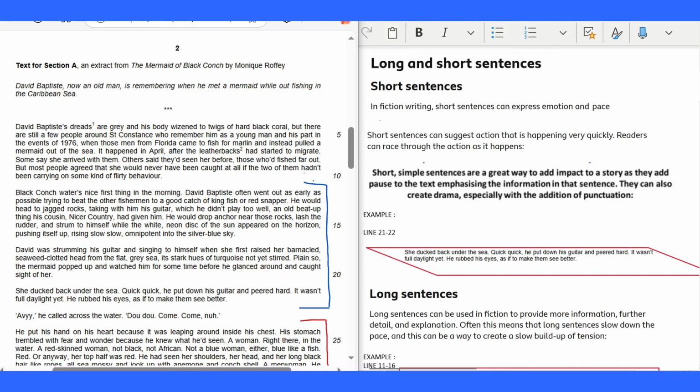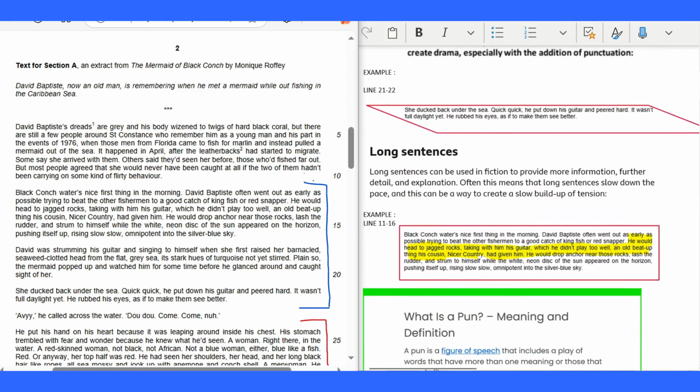It's a great way to add impact to a story as they add pause to the text, emphasizing the information in a sentence. They can also create drama, especially with the addition of punctuation. Example in lines 21 till 22 here. "She ducked back under the sea. Quick, he put down his guitar and peered hard. It wasn't full daylight yet. He rubbed his eyes as if to make them see better."